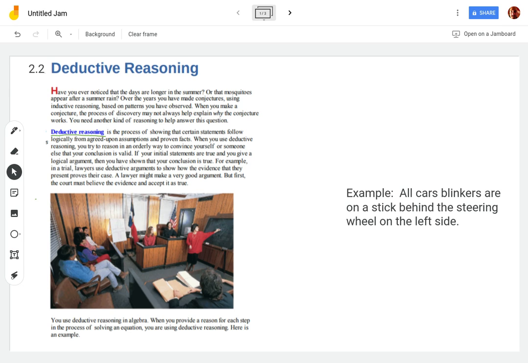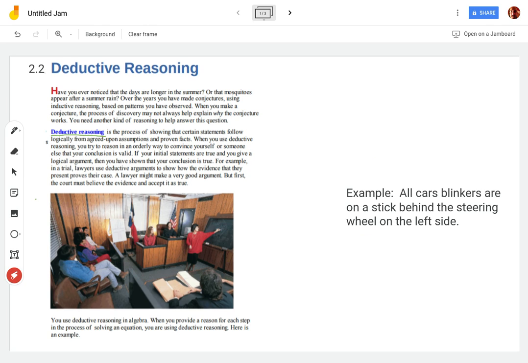All right, so before we get through more of this, I'm going to try and make this a little bit more clear because I don't know how clear that is to you right now. If you look at my example over here, car blinkers have a stick behind the steering wheel on the left side, right? To make the blinker work, you have to hit that stick down to go left and up to go right.